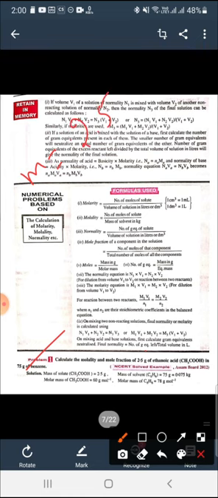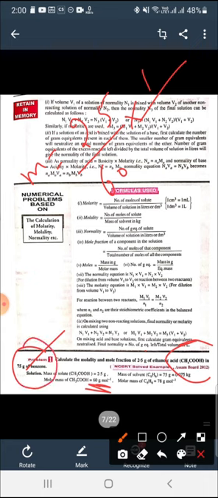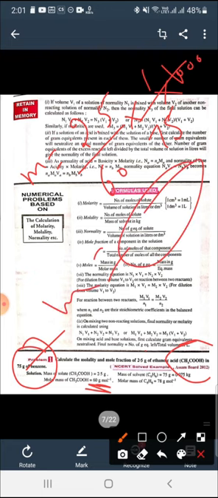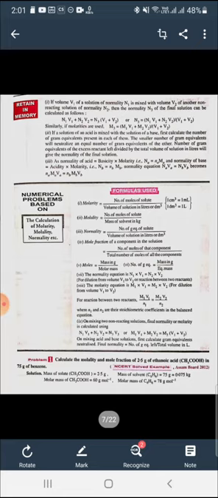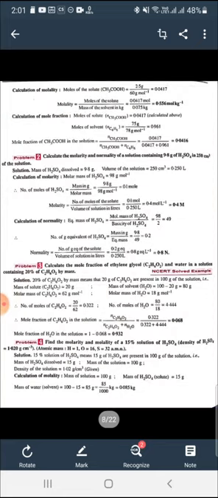Number of moles of solute will be equal to 2.5 by molecular mass of ethanoic acid, that is 60, upon mass of solvent in kilogram. Here solvent is benzene and mass is given as 75 gram. If present in grams, then we have to multiply it with 1000 and we come to know the molality. In this way we can calculate molality.